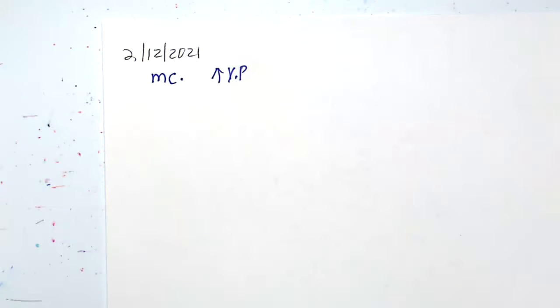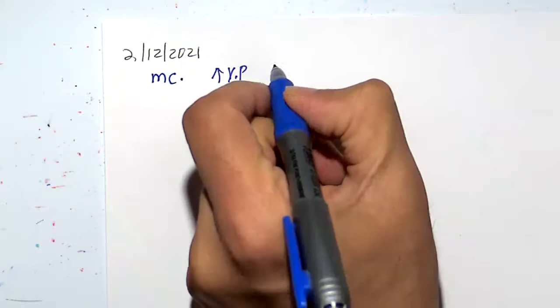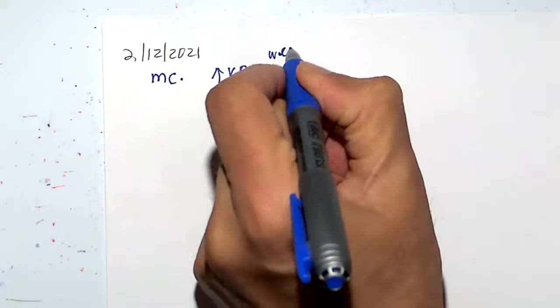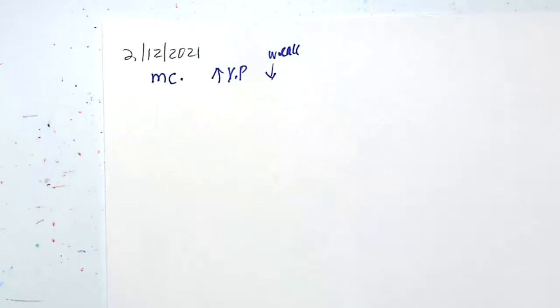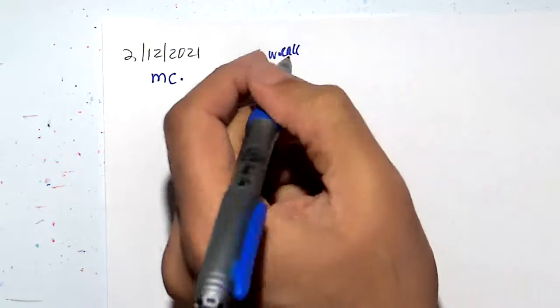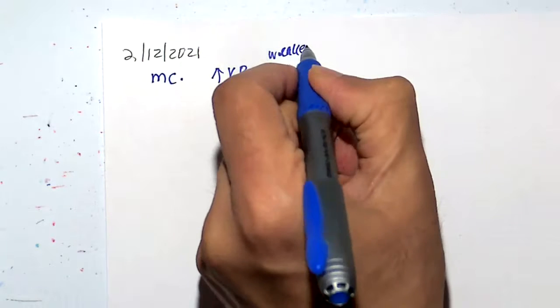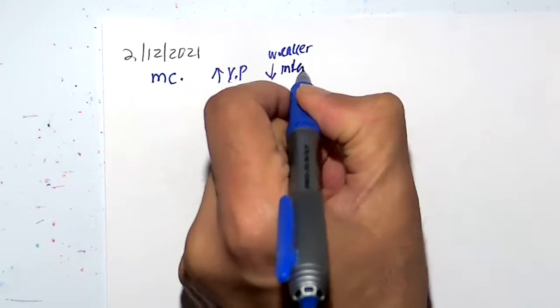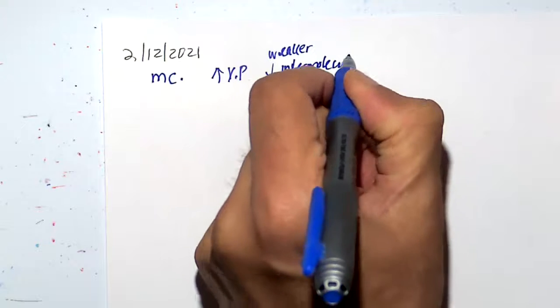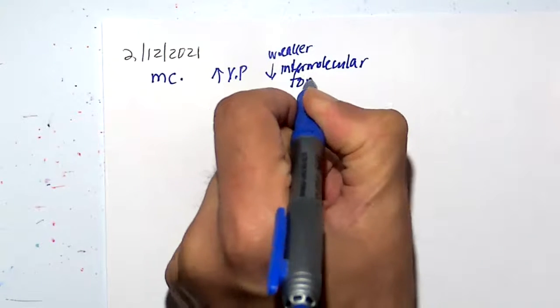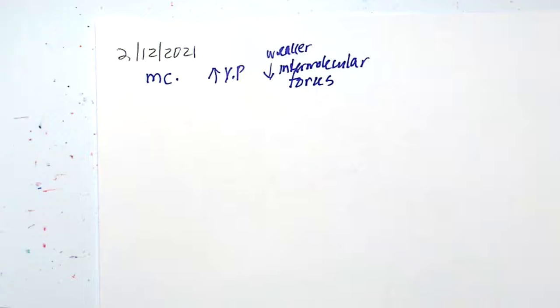Do they have to be weak or strong? Very good, they have to be weak. Remember, vapor pressure, forming a vapor. If you have to overcome hydrogen bonding, which we consider strong, then you're not going to form a vapor. So the key here is the higher the vapor pressure, the weaker the intermolecular forces that you will have.